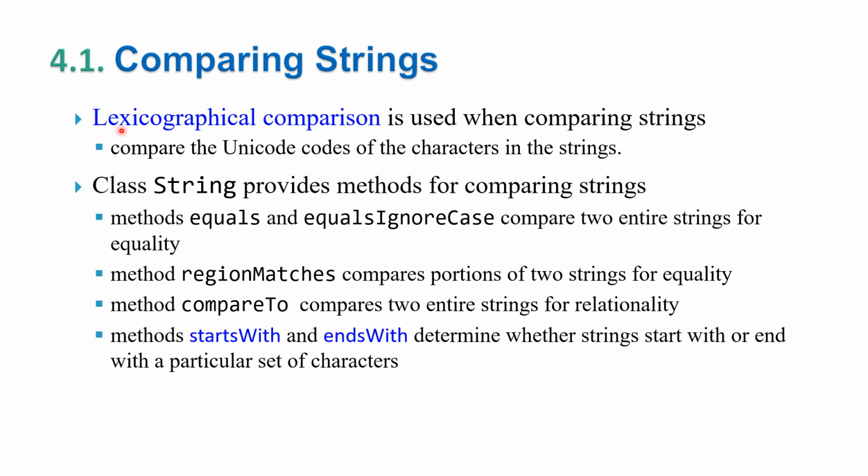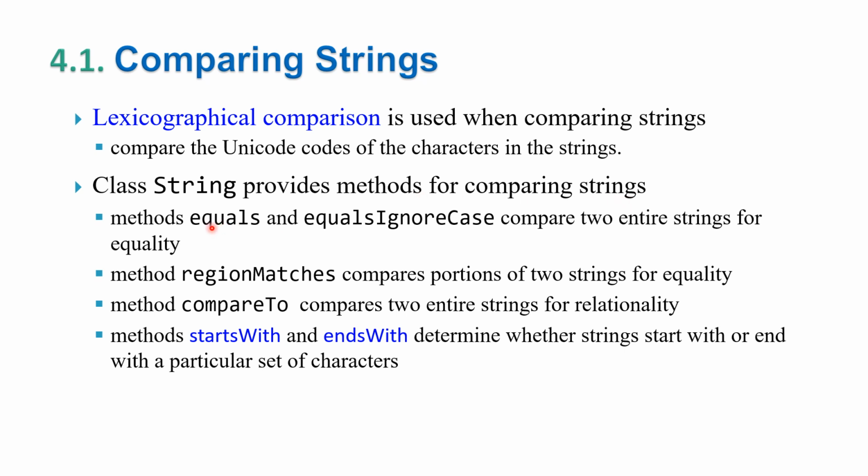This is known as lexicographical comparison. So lexicographical comparison just means to compare the Unicodes of the characters in the strings. The class String in Java provides many methods for comparing strings, and these methods are convenient for you to use when your program needs to perform some string comparison.